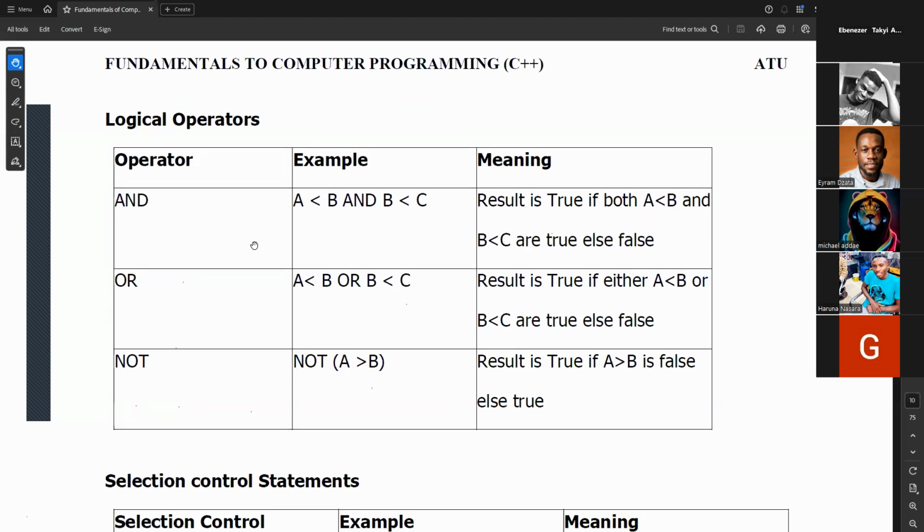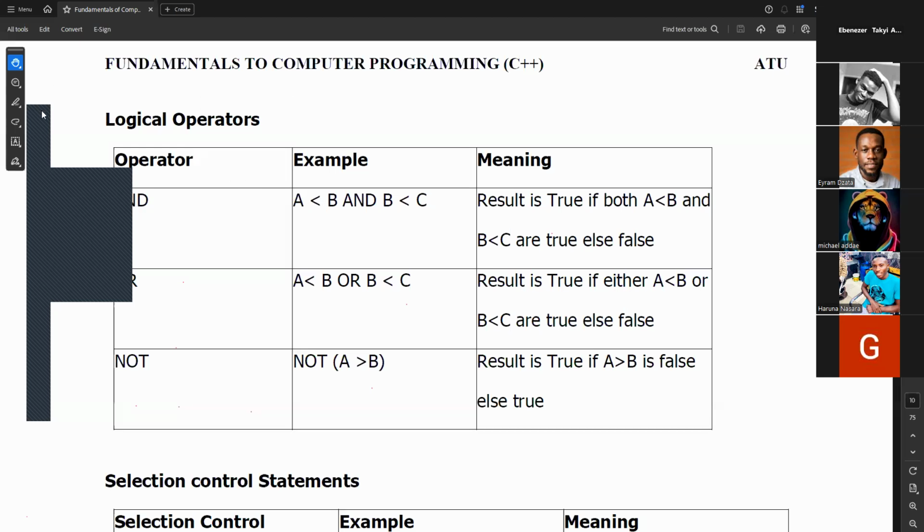These logical operators are used to combine expressions with 2 or more relational operators.